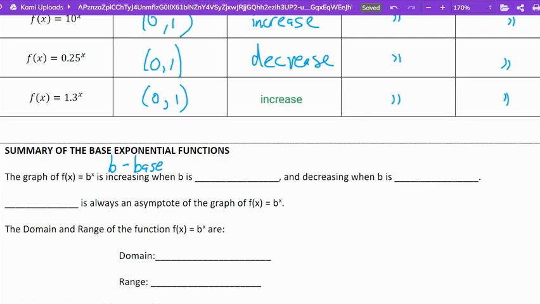B to the x increases when b is what? Beautiful. We wanted to say b is greater than 0, but no. When b is greater than 1, the function is increasing. And it's decreasing when what? This exponential growth only works when the base is positive.